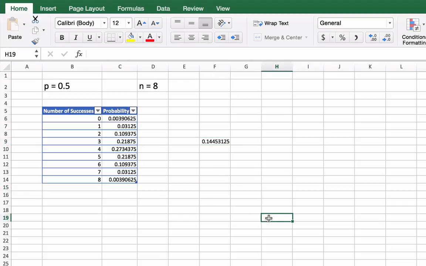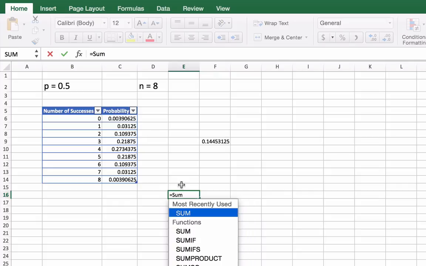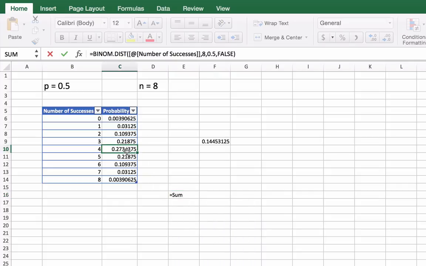And if the question is, what is the probability of getting anywhere from 4 to 6 heads, that means that you would get 4, 5, or 6 heads. So if we ask that question, then it would be just a sum of the probability of 4, probability of 5, and probability of 6.